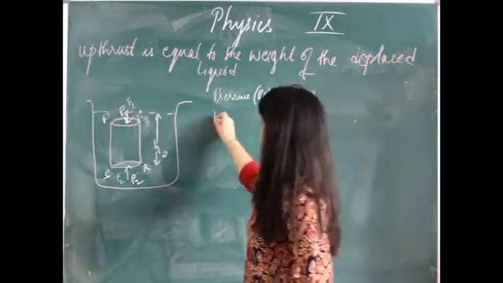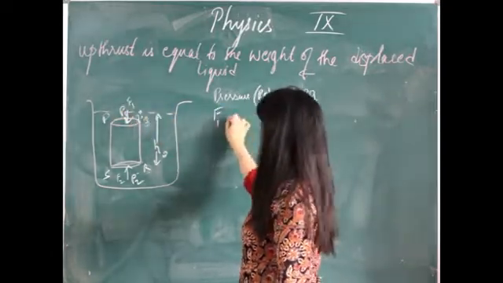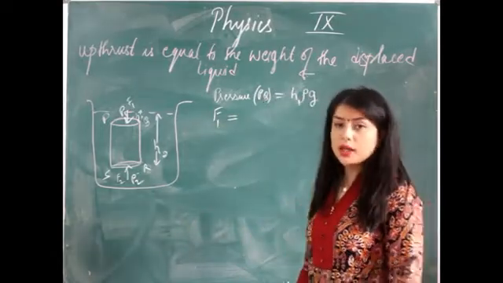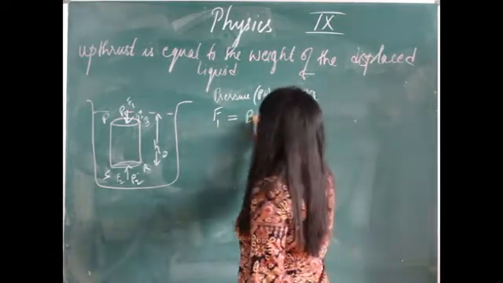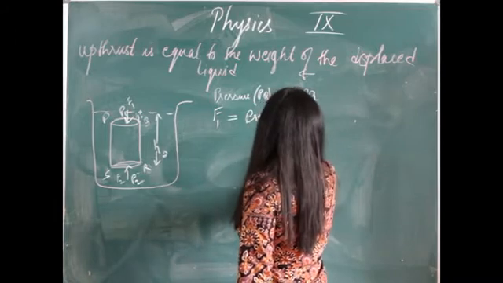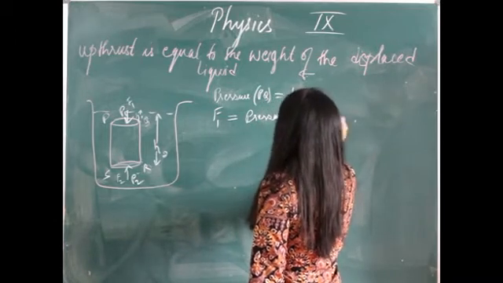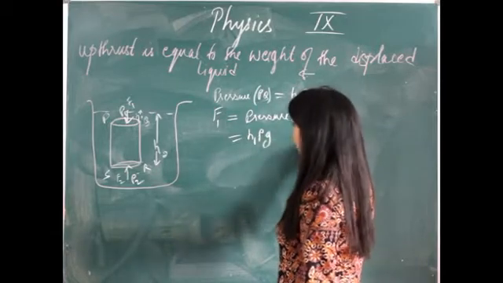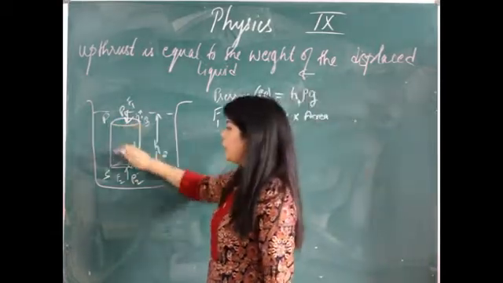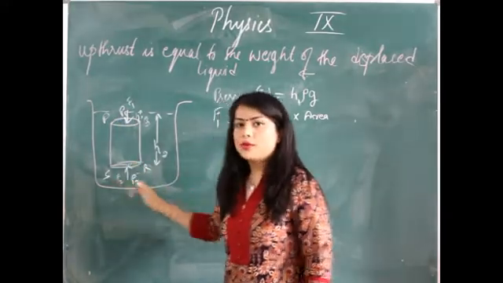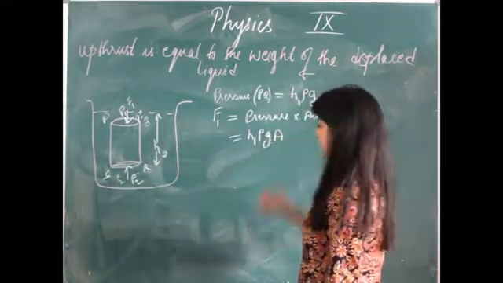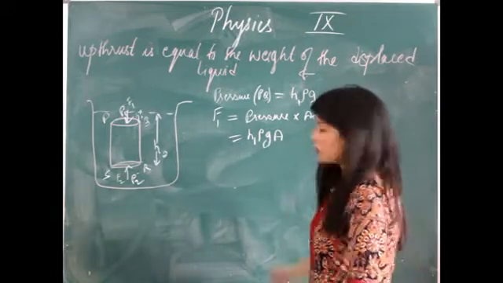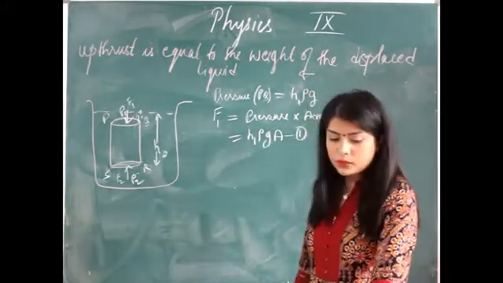Force or thrust is equal to pressure times area. This is the formula, and if you remember, it is pressure multiplied by area. So pressure over here is H1 rho G. The area at the top surface and at the bottom surface is the same, and we will consider this as A. So let us write this as equation number 1.